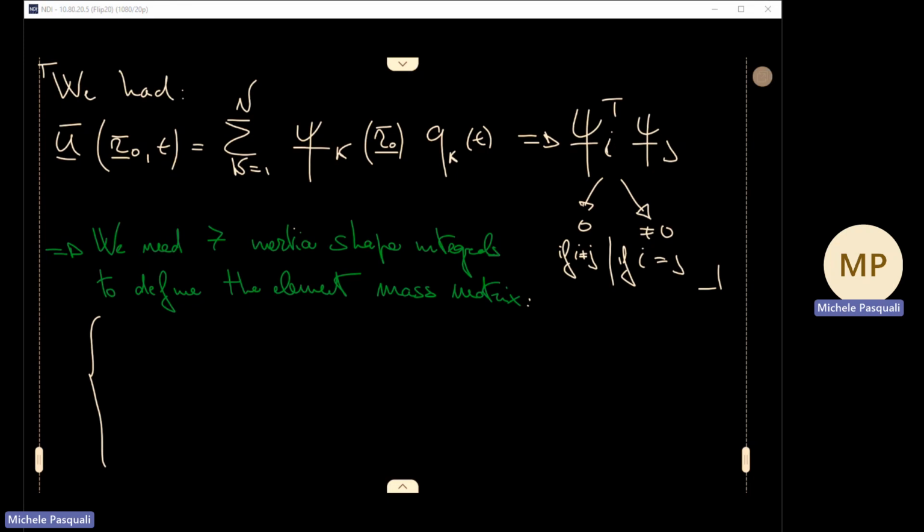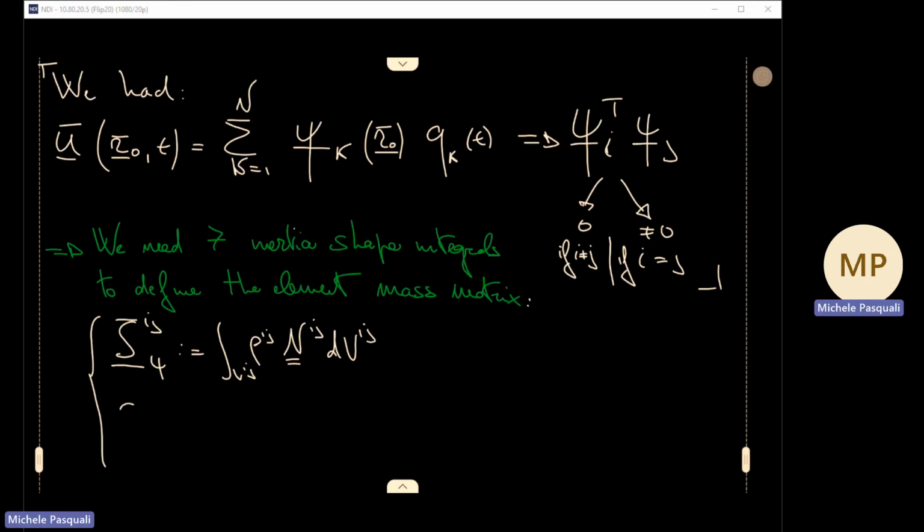Okay. And these are one vector, which we define as such. Very simple.